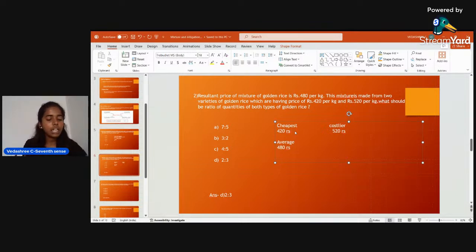To calculate the ratio of quantities, what is the formula?